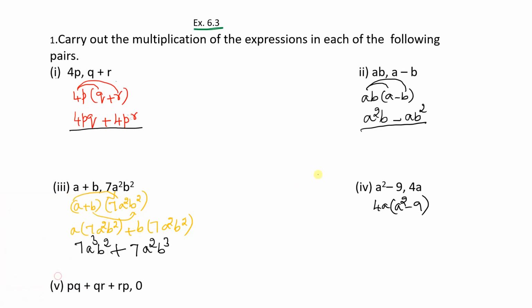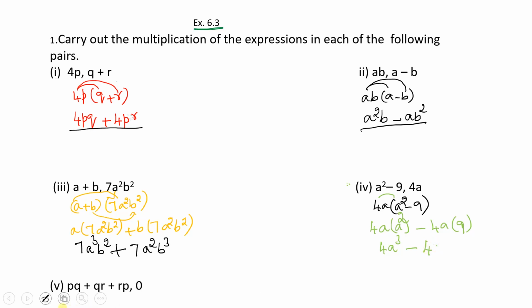Now let us multiply these two. 4a into a square minus 4a into 9. 4a into a square is 4a cube, minus 4a into 9. 4 into 9 is 36.